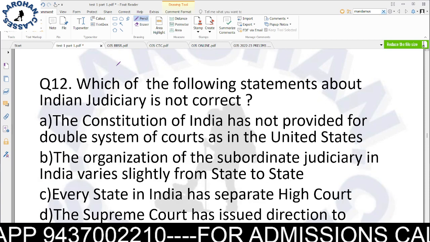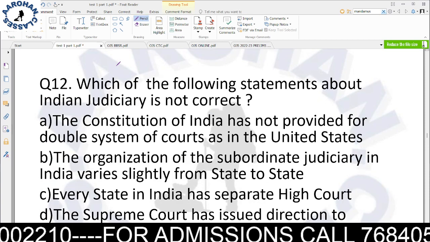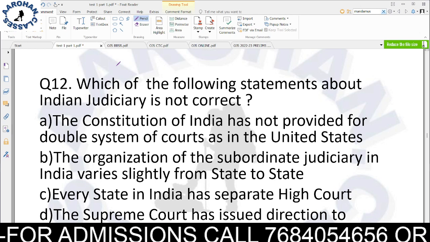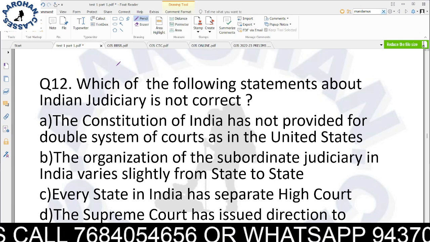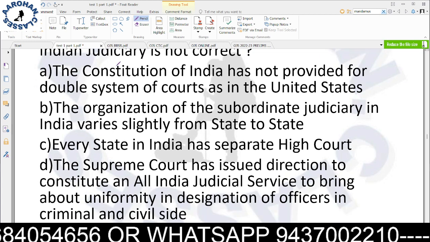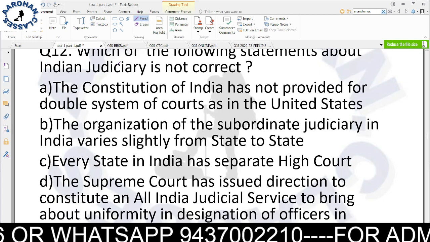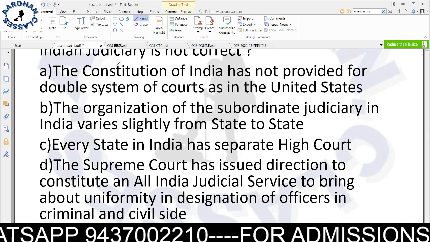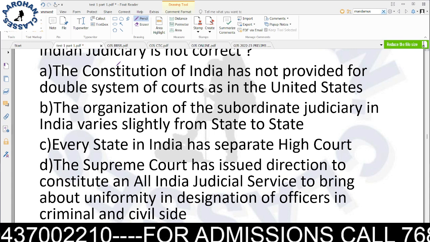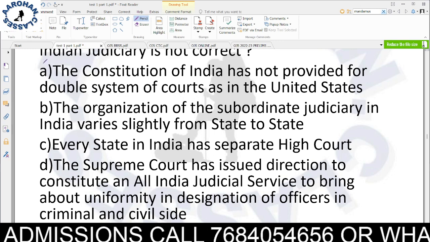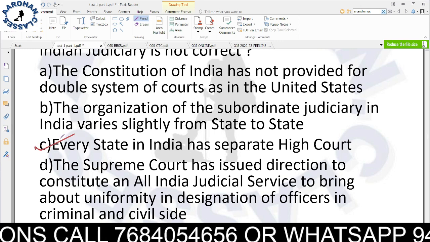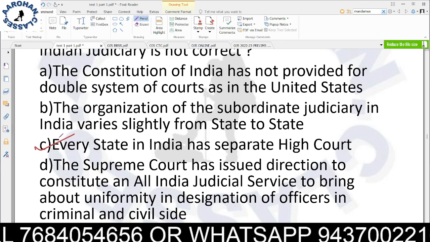Now come to question number 12. Which of the following statement about Indian judiciary is not correct? Okay, so please go through it. So C is the answer. Every state in India has a separate high court. Some are joint also.